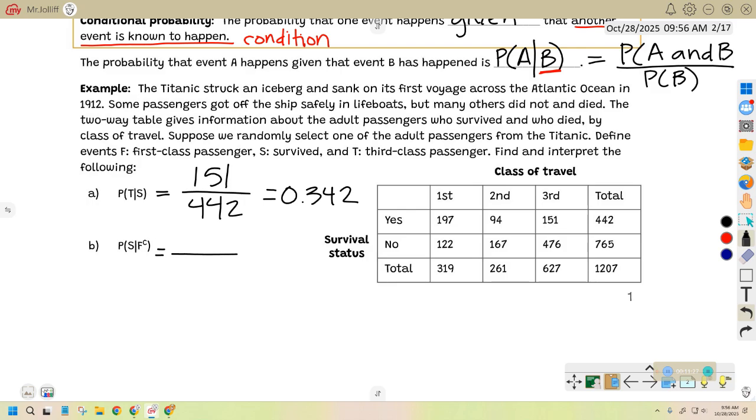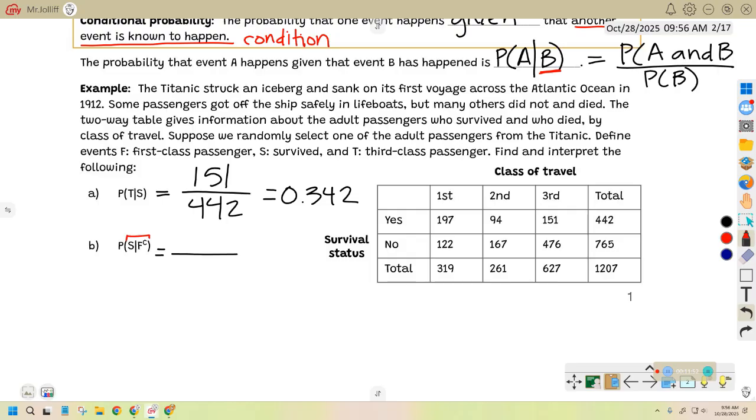So I want the probability that they survived given that they were not first class. So let's color code. I need to know where all of the people who survived and were not first class are.